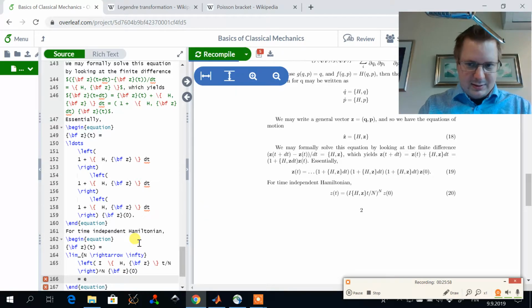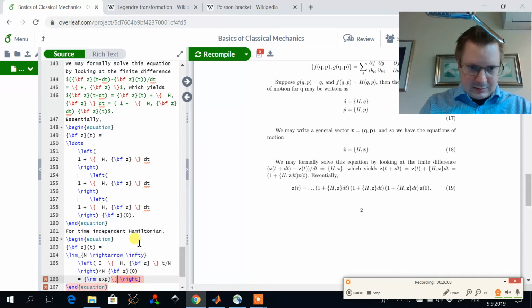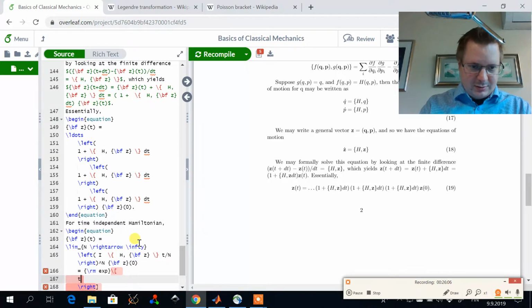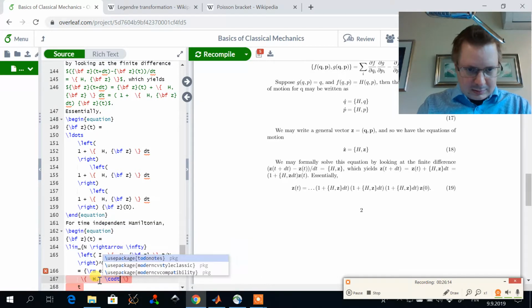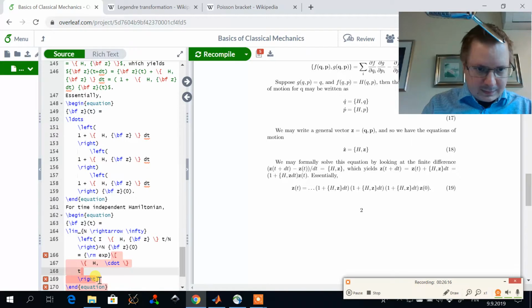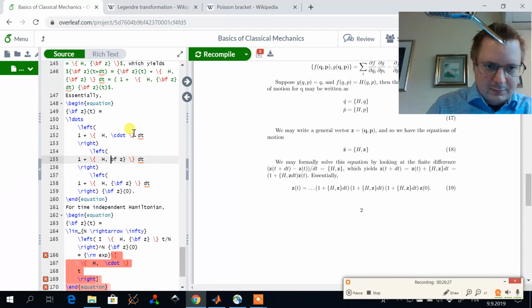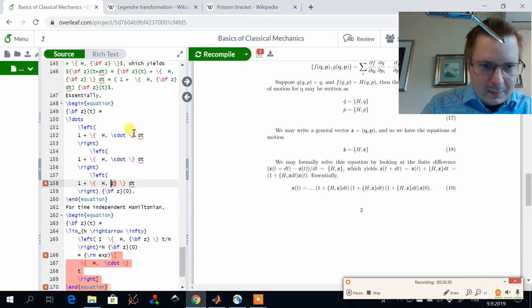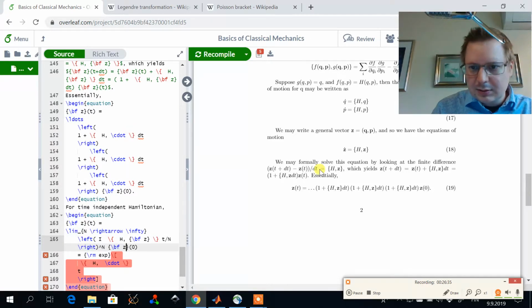So we can write this as an exponential, where the exponential is with respect to the Poisson bracket.